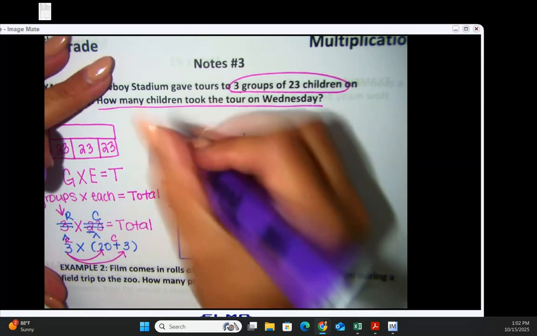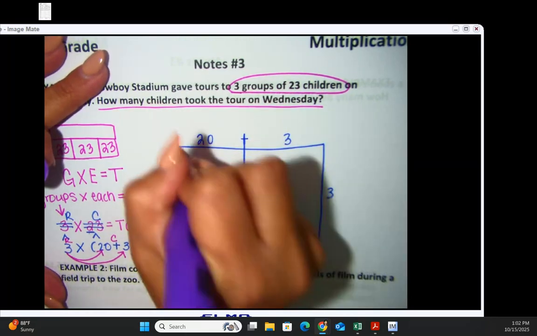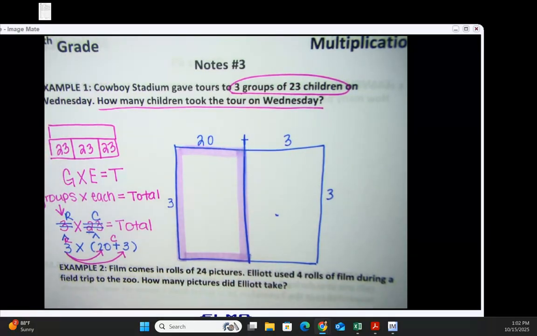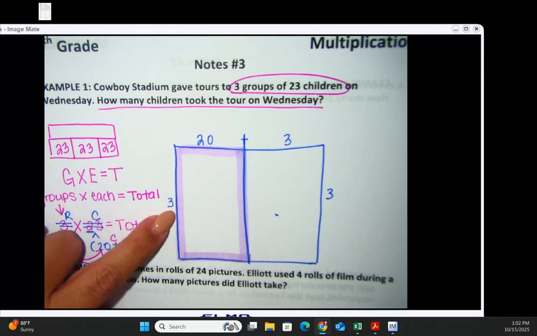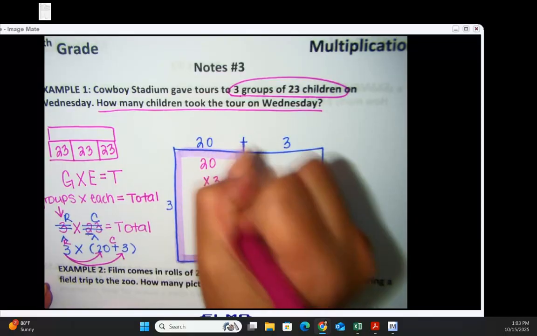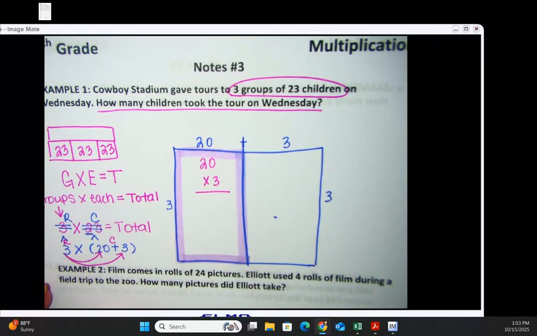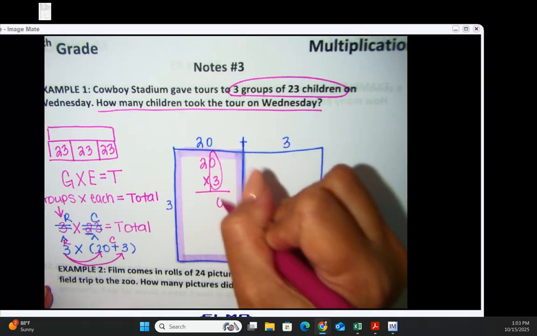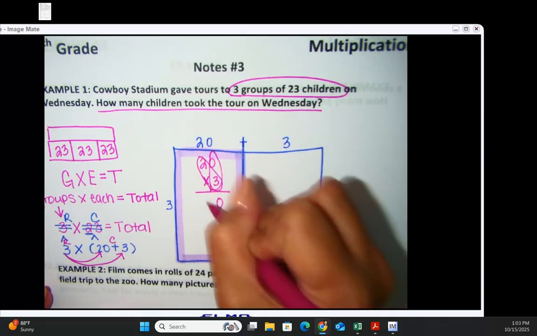If I want to find the area of this figure only, area equals length times width, base and height. So length times width means I'm going to multiply 3 times 20. 3 times 0 is 0. 3 times 2 is 6.